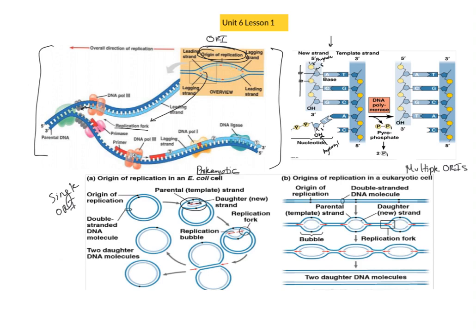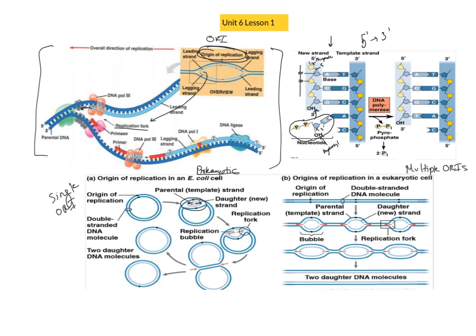Whenever a new strand of DNA is being synthesized, such as in semi-conservative DNA replication, that new strand can only be synthesized in the 5' to 3' direction. What that means is that new nucleotides, the monomers of this polymer that's being formed, can only be attached to the 3' end of the new strand.